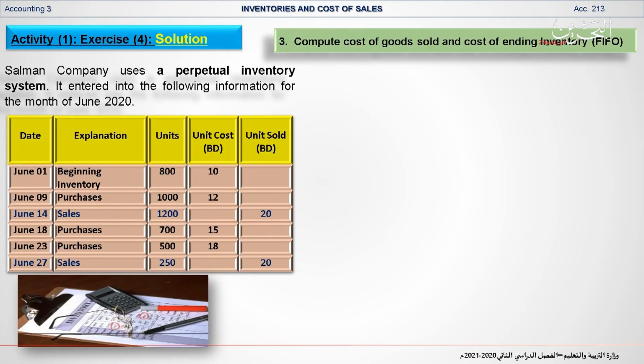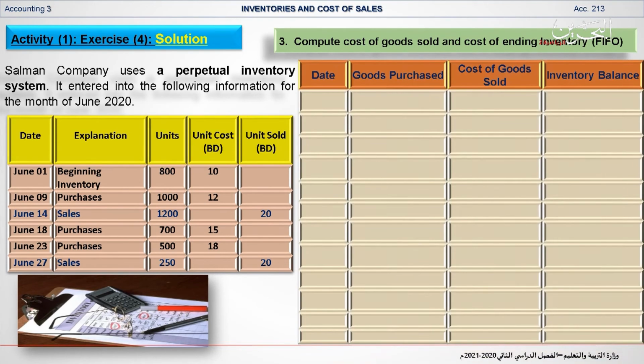Next, you are required to calculate the cost of goods sold and cost of ending inventory by using FIFO method. We will calculate the cost of inventory and cost of goods sold step by step.